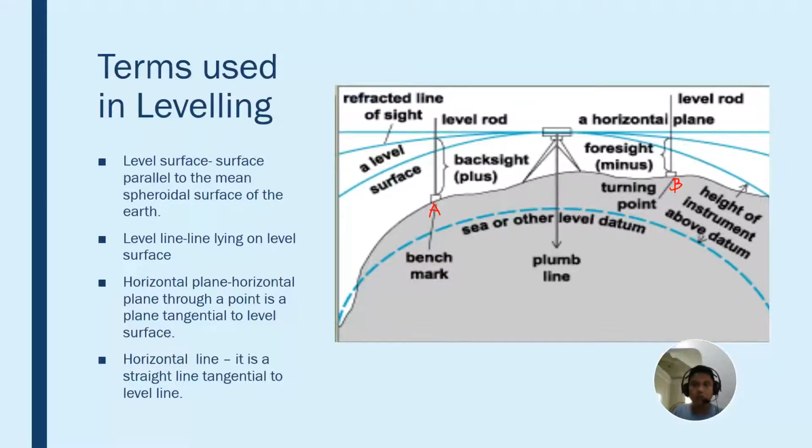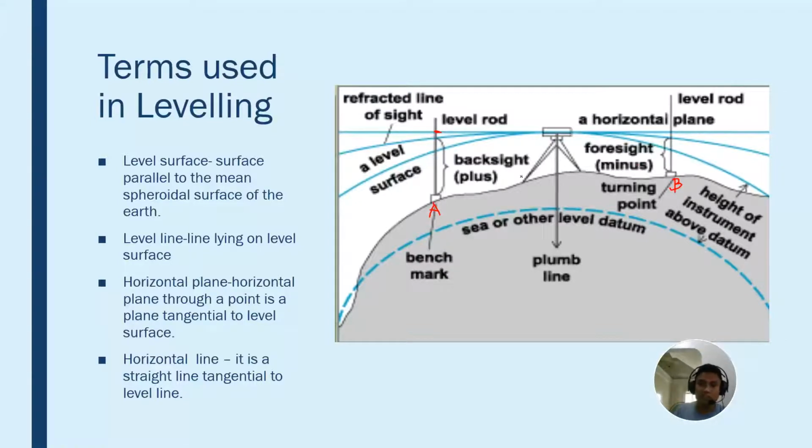So the reading on the leveling rod, when we take a reading from the instrument here at point A, which is the initial station, that's what we call the backsight. The reading on the level rod for the next station, which is station B, we call the foresight.